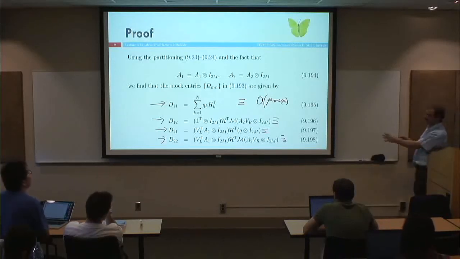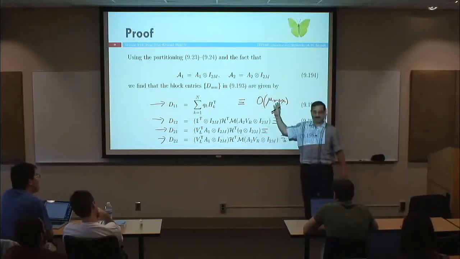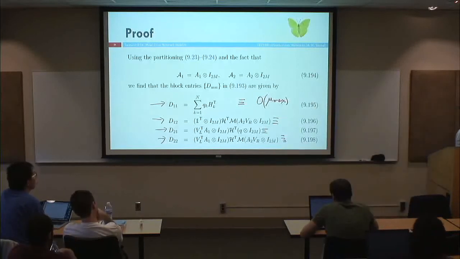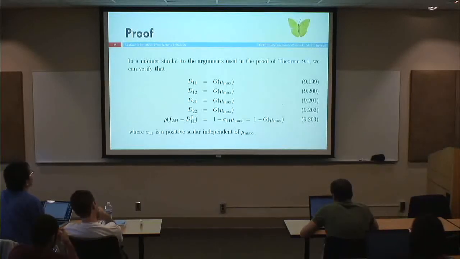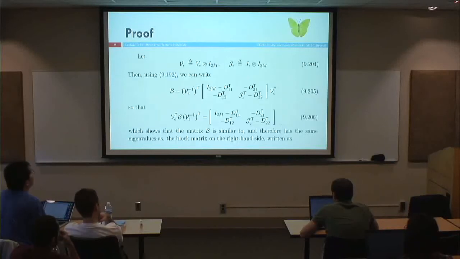We don't really need the expressions except to remember that the entries of these matrices were of this order. They are small. And that the spectral radius of I minus D11, because this is of the order of mu, was also of that form. We showed this last time. This is all reviewed.